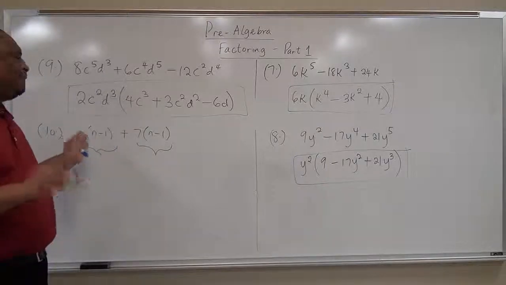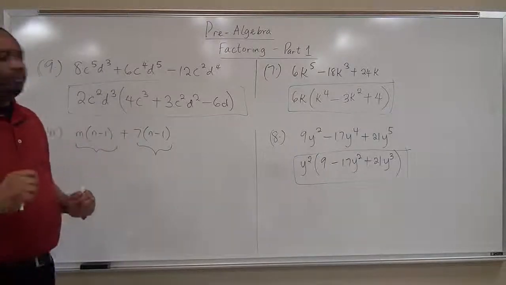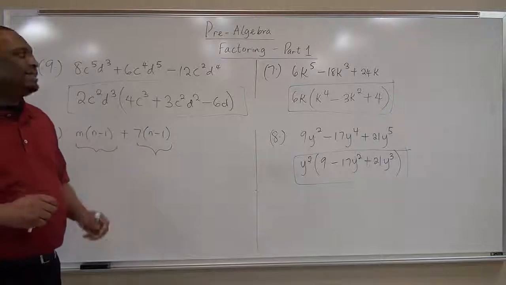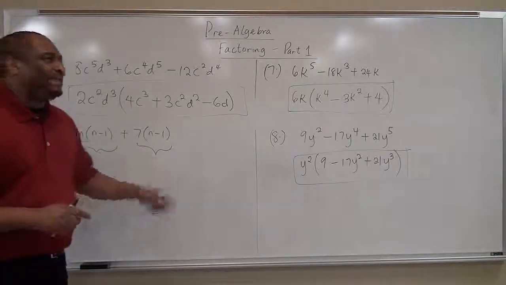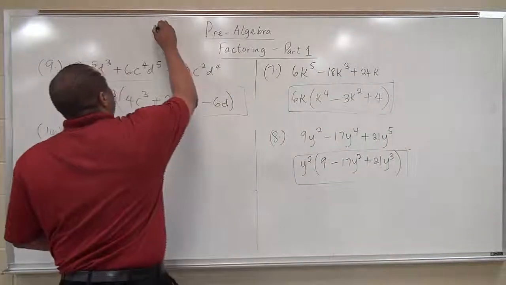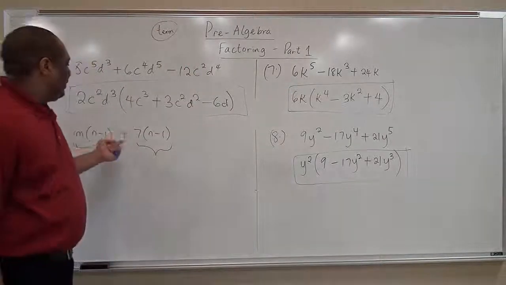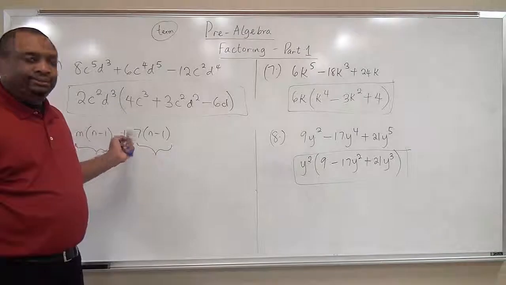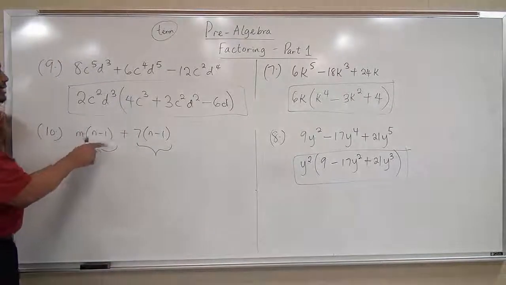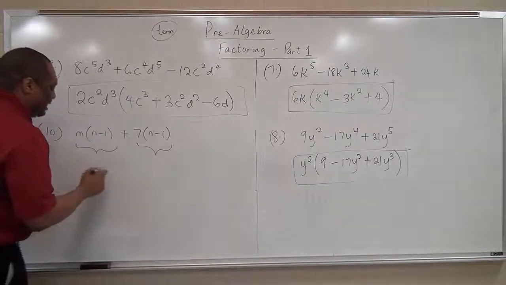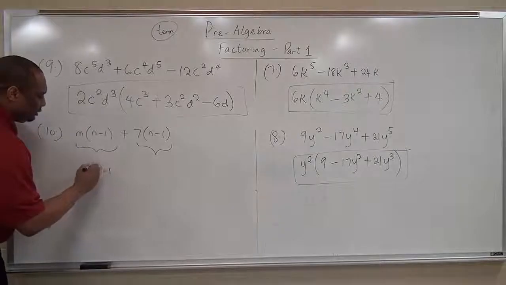The first term is m times (n minus 1), and the second term is 7 times (n minus 1). They are joined by an addition sign. What is common in the first term and second term is n minus 1.